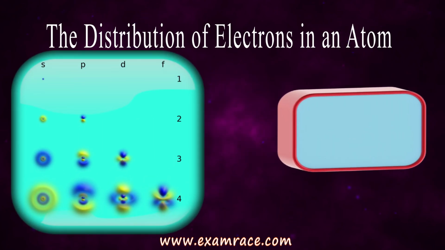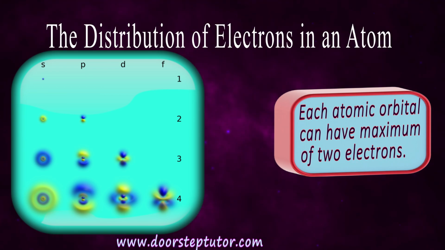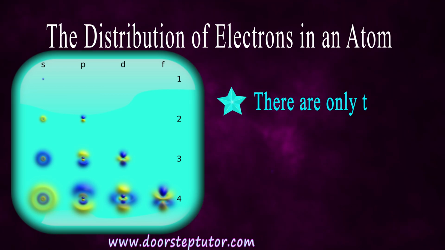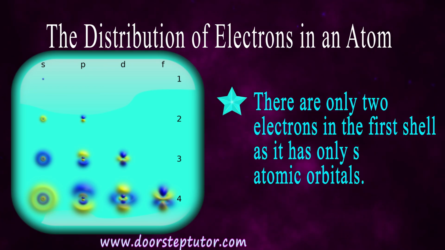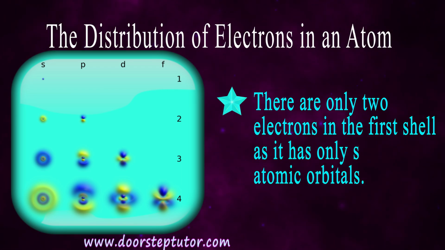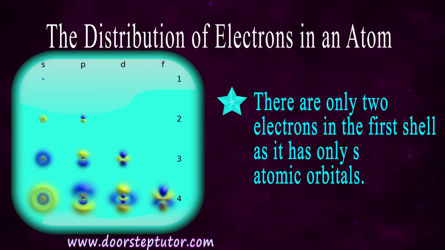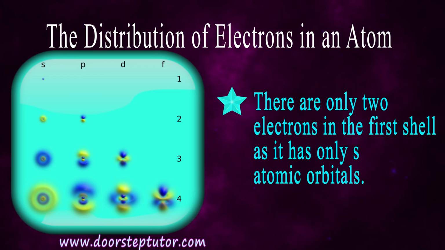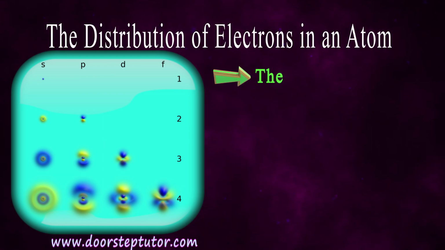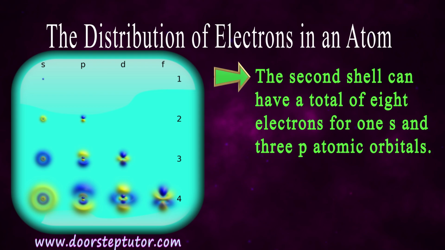Now, each atomic orbital can have a maximum of 2 electrons. So there are 2 electrons in the first shell because it contains only the s atomic orbital. In this figure, you can see the first shell contains only the s atomic orbital, so it will have 2 electrons. The second shell will have a total of 8 electrons. How?